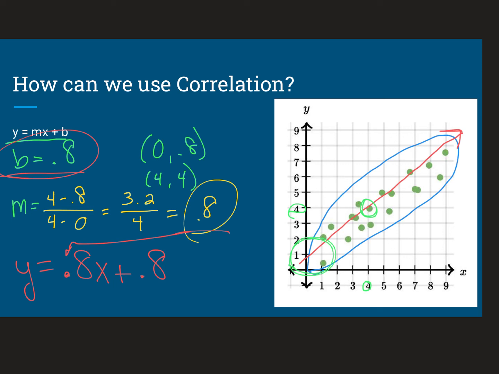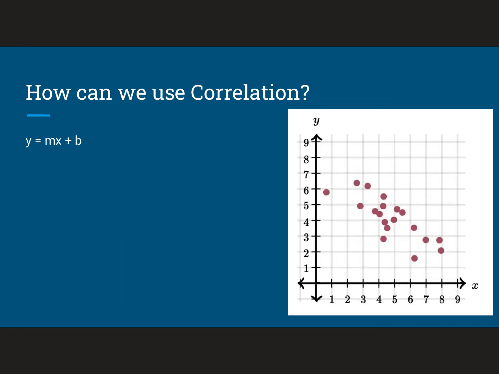Let's try one more together, and then you can do some practice on your own. Okay, again, I have this wonderful data. And I can see this one sort of has a negative correlation. When I draw my oval around my data points, it looks like that. And now I'm going to draw my line. So this line's sort of going to go right through the middle here.